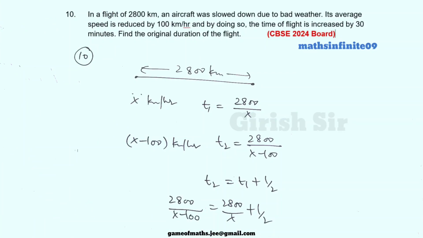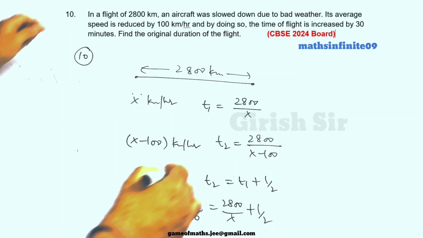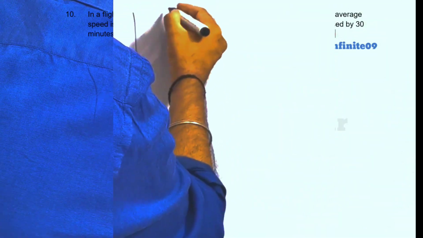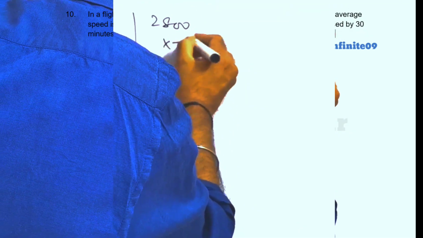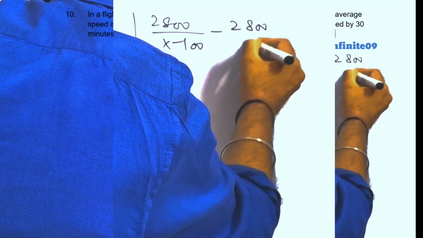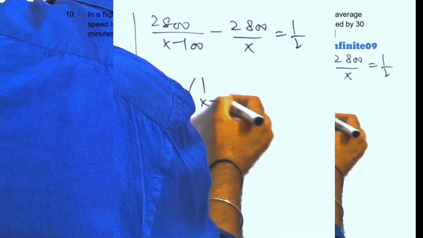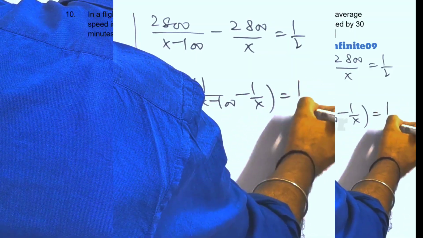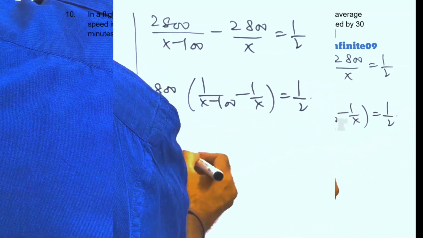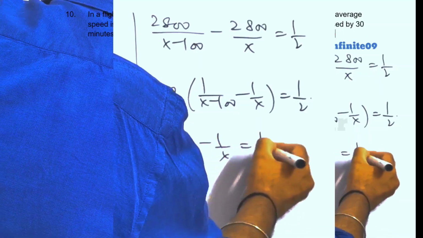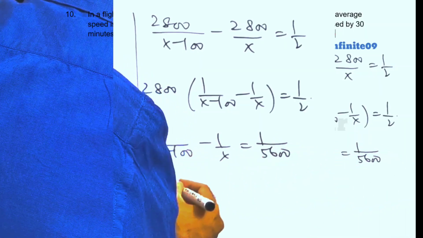So this is the equation we obtained, and we have to simplify. It will change into a quadratic equation, for which we'll find the roots and we should be able to get the possible value of x. So what we can do is take LCM over here.